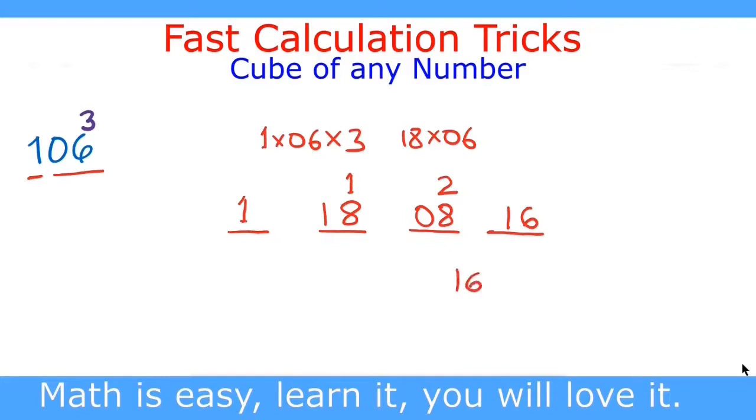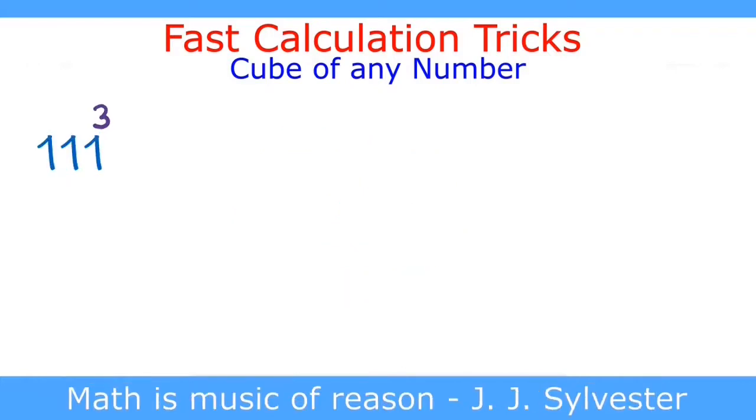We write 16 as it is. 08 plus 2 is 10, so we write 10. Then 18 plus 1 is 19, so we write 19, and we write 1 as it is. Thus our answer for cube of 106 is 1191016.